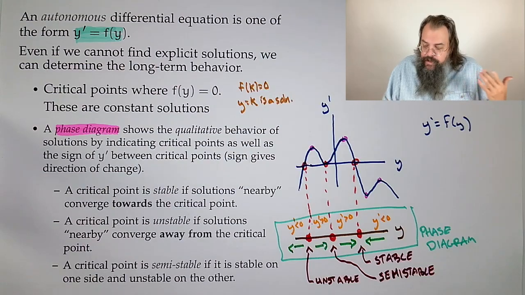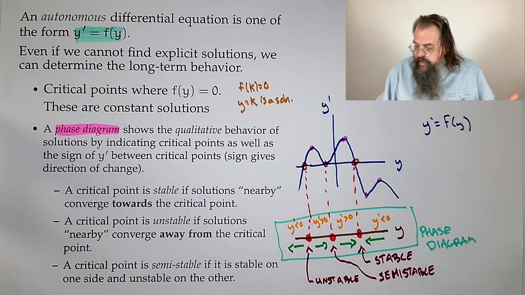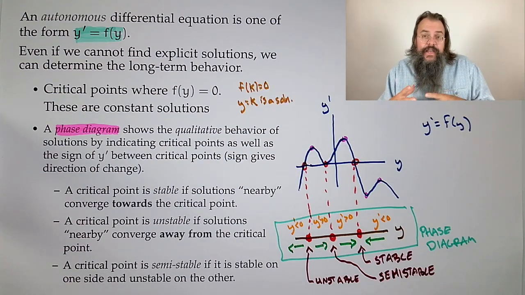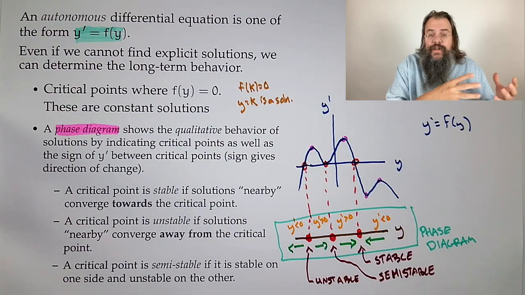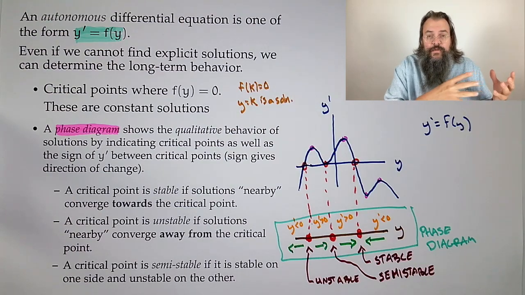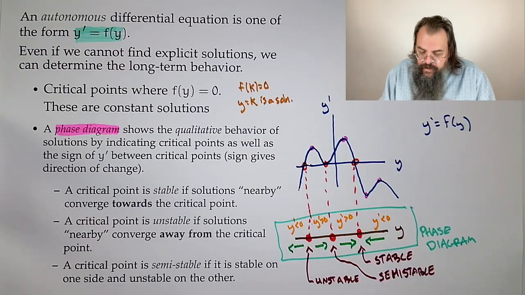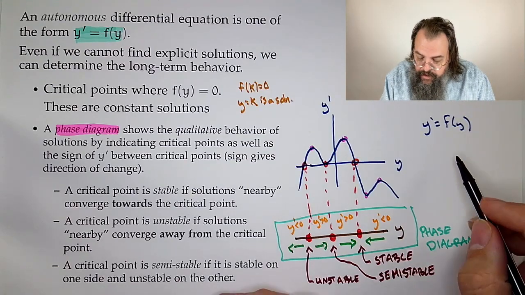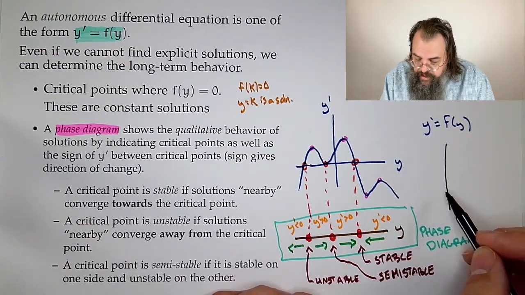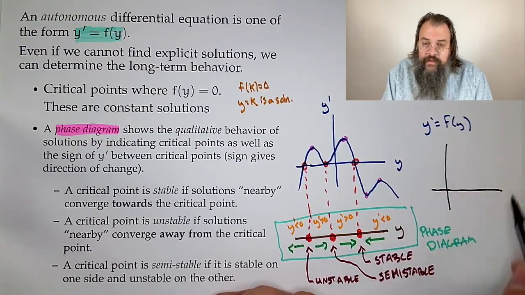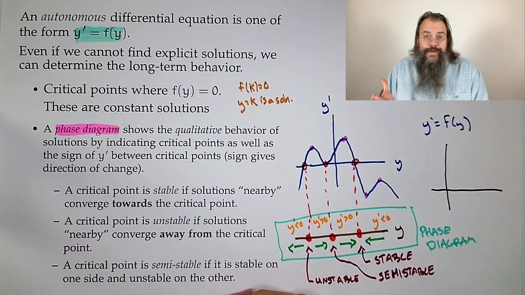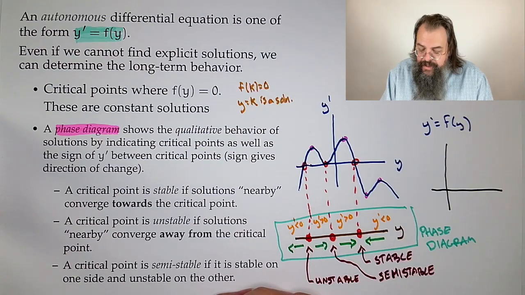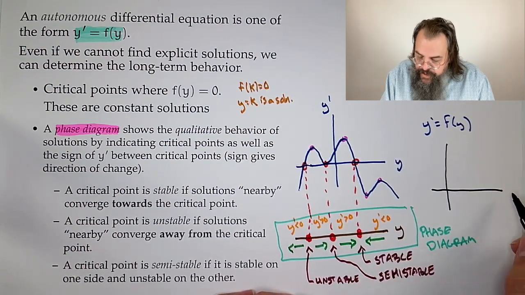Now, you might say, what can we do with this? And what we can do is we can actually translate this into a rough picture of what the solutions will look like. All right, well, how do we do that? Well, we graph. And we're going to produce a new graph, and this is going to be a graph roughly of what the solutions to the differential equation look like. Now, we're going to label our axes here just so we understand. It's a different picture here.